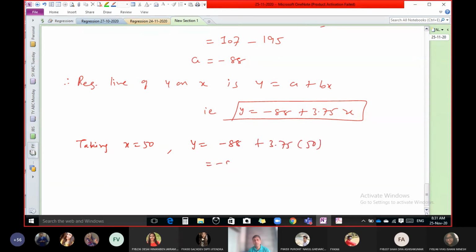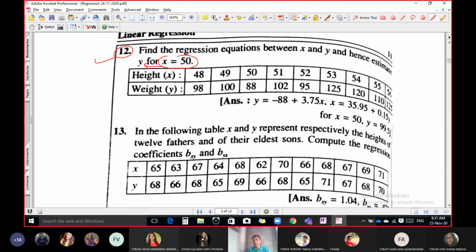Do the calculation. 3.75 into 50, that is 187.5. So our answer is 99.5. So we get the estimated value of y, 99.5. That is the answer. And this is our y on x regression line, minus 88 plus 3.75x.